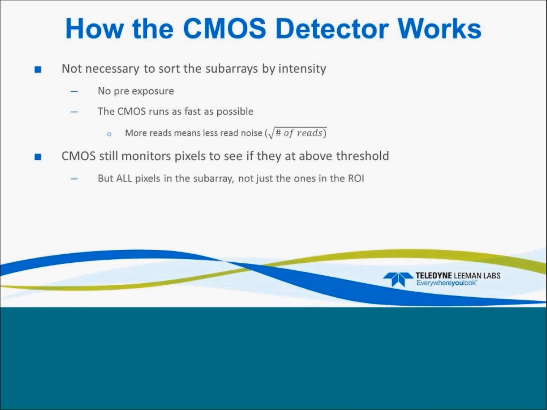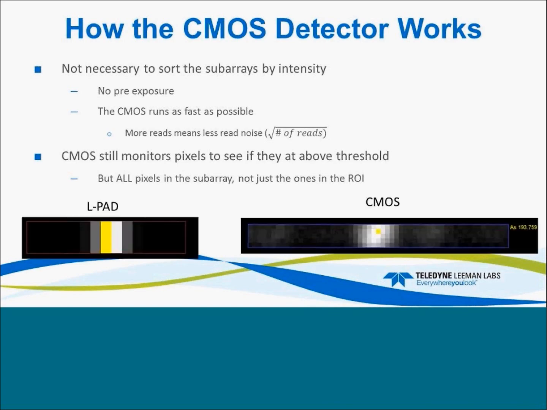But one difference is the LPAD only monitored the pixels in what is called the region of interest. The CMOS monitors every single pixel in the subarray. So the LPAD only monitored these 3 pixels, it's showing 4, but these 3 pixels in the middle, where the CMOS monitors every single pixel individually. And that gives us a better idea of what the spatial intensities are.